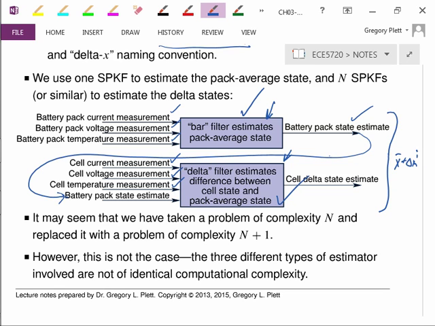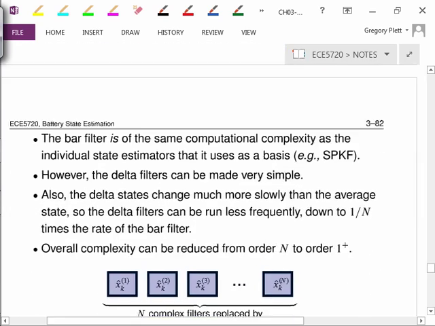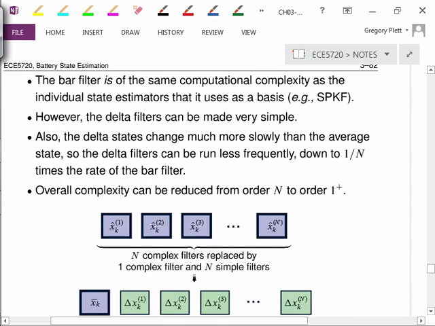And the reason is that the different estimators are not identical in computation. So a single SPKF, the way we've seen it before, is a different complexity from this SPKF, and it's a different complexity from that SPKF. There's three different possibilities here. Now we could say that the bar filter, the pack average filter, is of the same computational complexity, or at least essentially the same, as the individual state estimators that it uses as a basis, like SPKF.